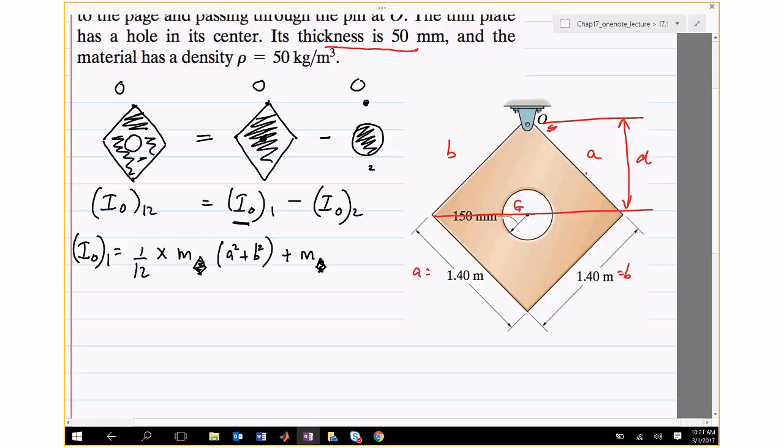What's D? This is 90 degrees. This is going to be 45 and 45. So this distance is going to be A sine 45 or B sine 45. It's the same thing. A or B is 1.4, so 1.4 times sine 45.